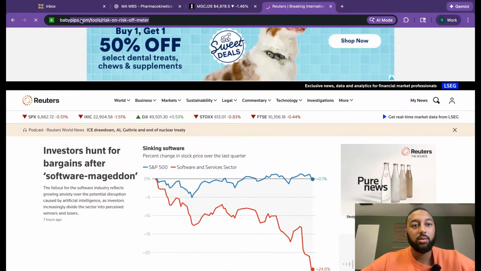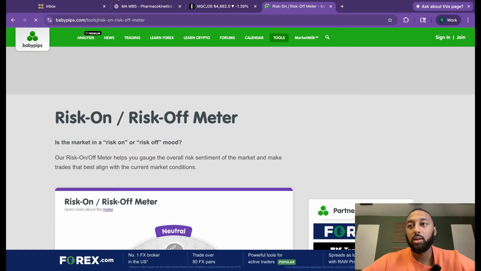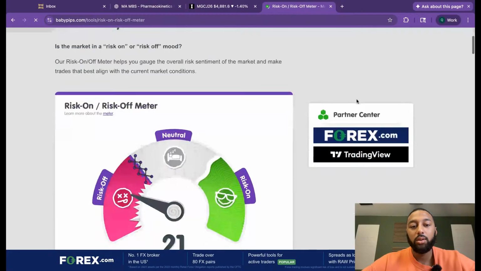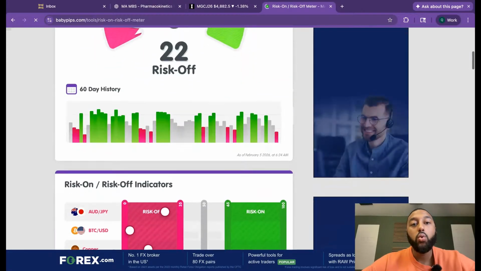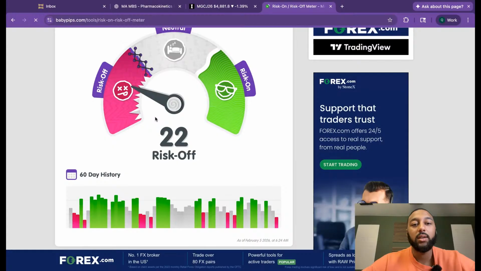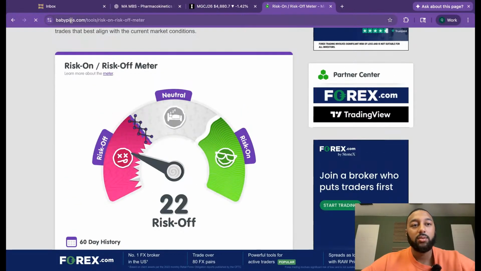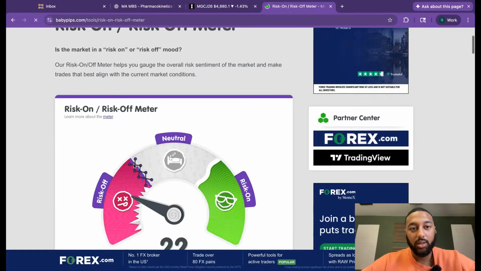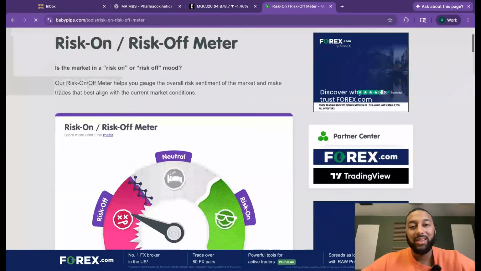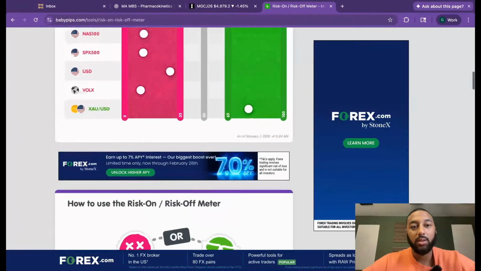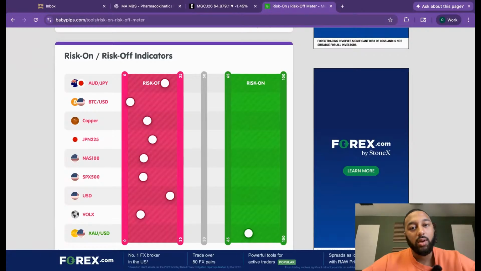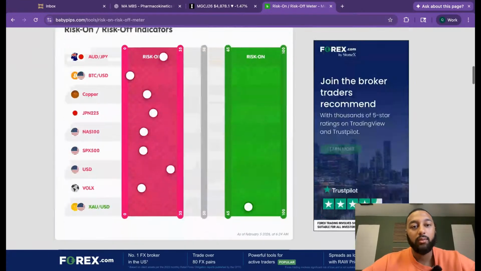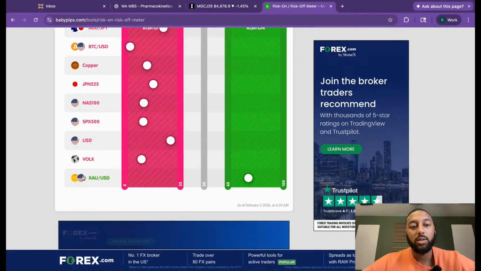And so, last resource before I lock in on the charts, we got 5 minutes till news. Ooh, this is the most risk off I've seen it. So we are, in fact, in a risk off climate. This resource right here, Babypips, is our tool to gauge where we're at with respect to risk on, risk off. That's strange because we're risk off, but gold is very much risk on.